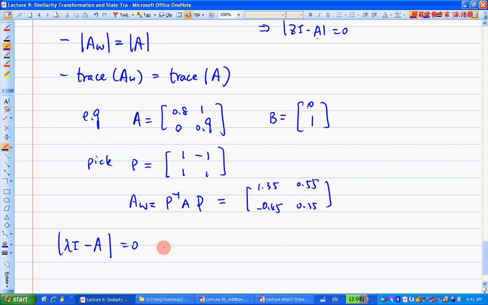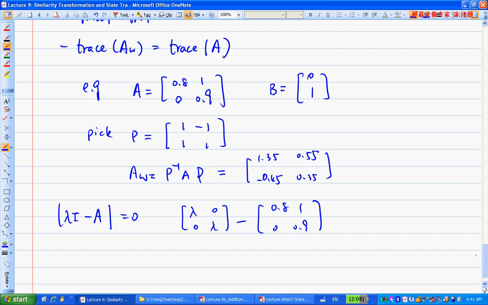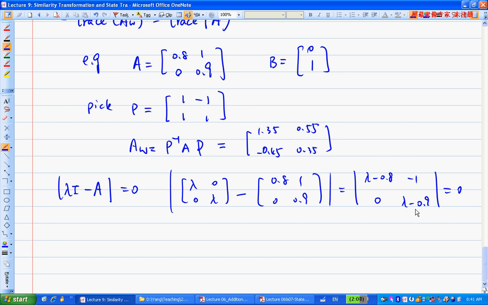Lambda I is [lambda, 0; 0, lambda], minus A, [0.8, 1; 0, 0.9], and then the determinant. So that means lambda minus 0.8 here, negative 1 here, 0 here, lambda minus 0.9 here, equal to 0. So solve the determinant.